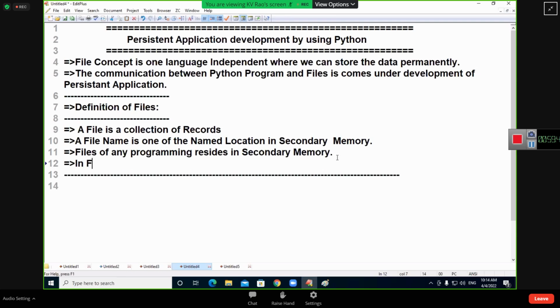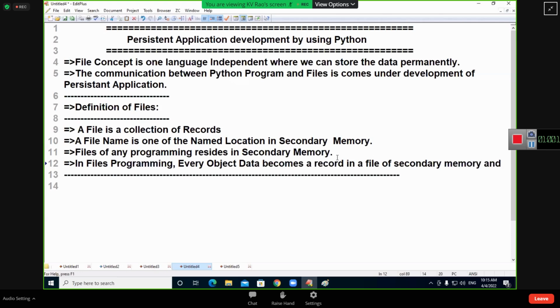So I'm going to consider one thing. In files programming, I'm going to give you the conclusion. In files programming, every object's data becomes a record in a file of which memory? Secondary memory.